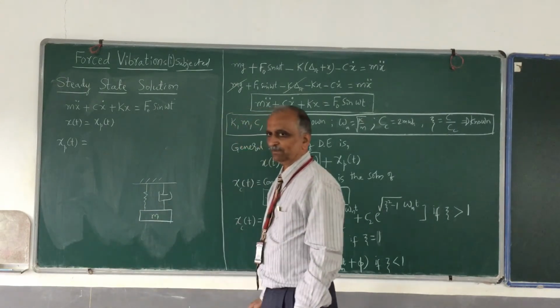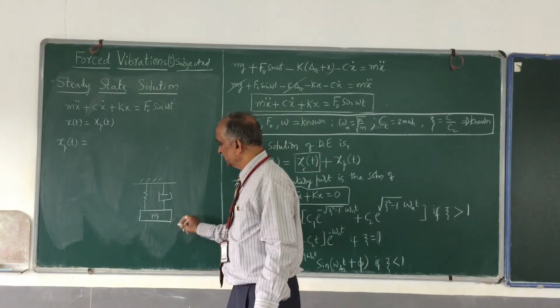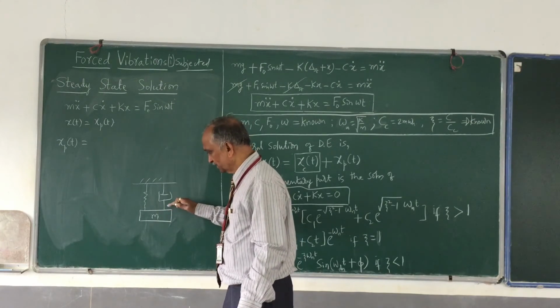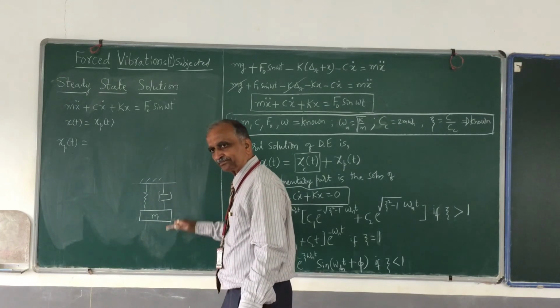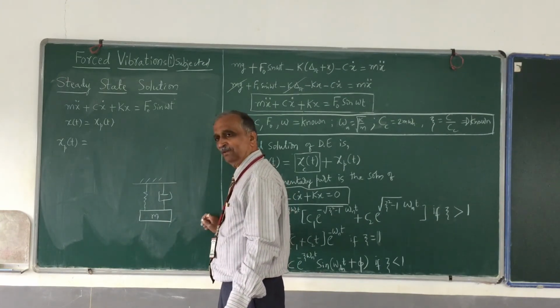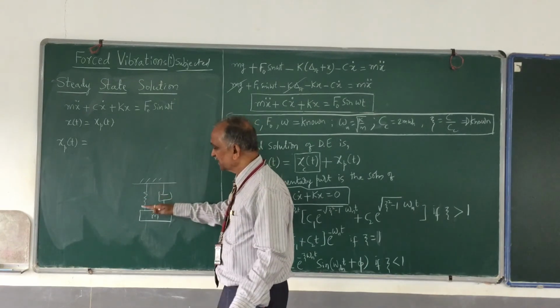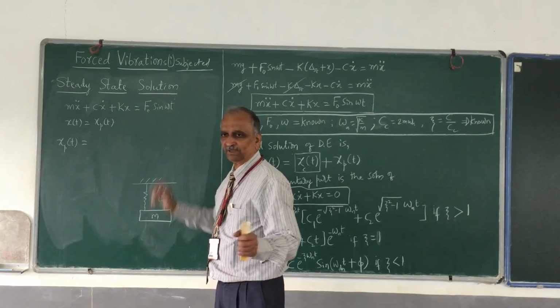As I am going to apply a harmonic force, that will make this mass move up and down. It is a harmonic force of frequency omega, and therefore when I apply force, then only it will start moving, and this also will be moving at the same frequency.